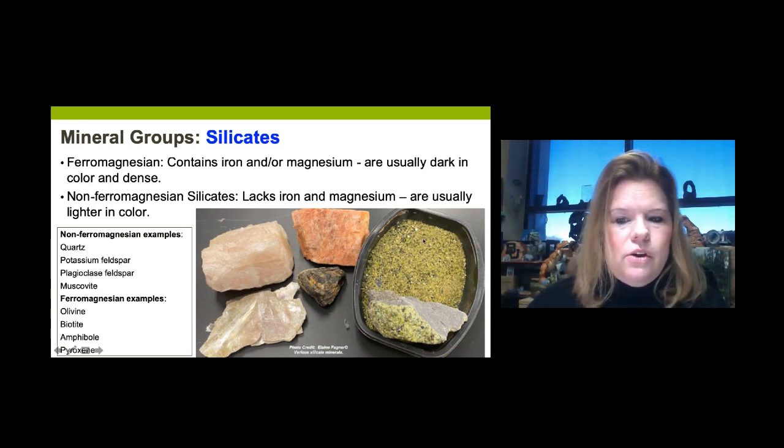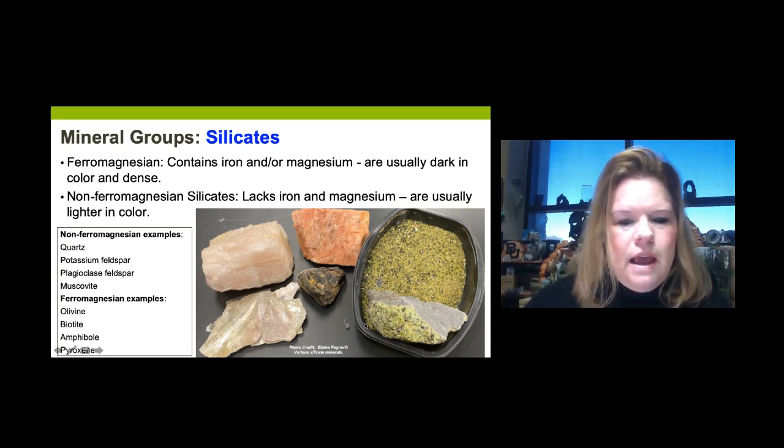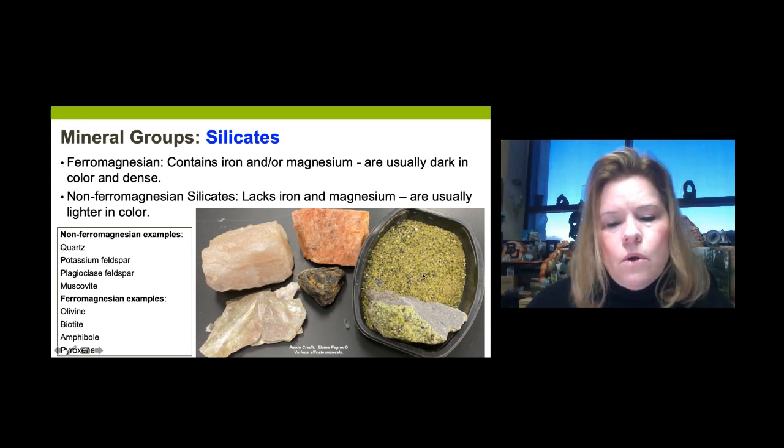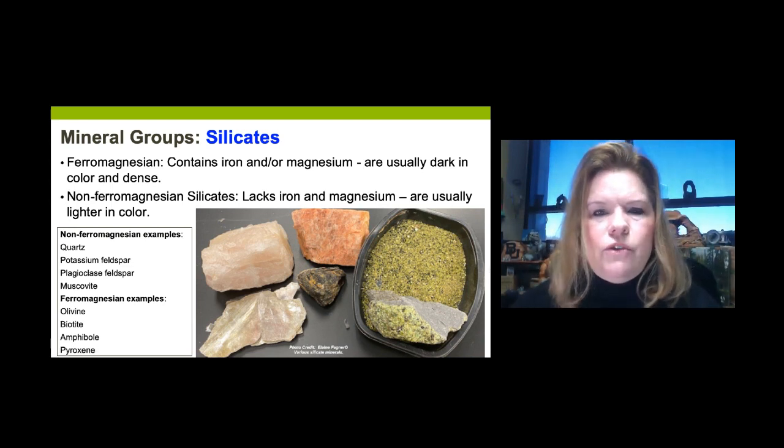So this right here is olivine from olivine basalt. Biotite, which is a blackish mineral that you'll find in granite, and other types of dark minerals like hornblende, pyroxene, stuff like this would be your ferromagnesian type of minerals that are silicates.